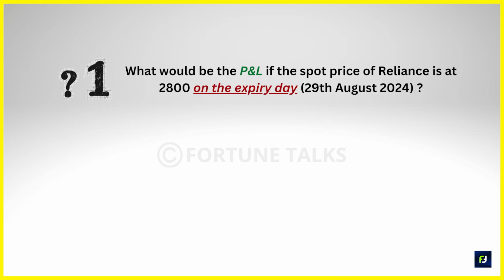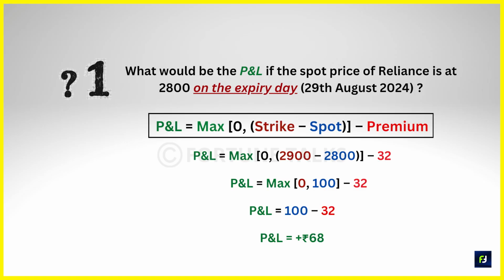The answer to the first question is fairly simple. We can straight away apply the P&L formula for put options and the answer will be a profit of 68 rupees. But this is for one share. Since the lot size is 250 shares, we need to multiply this profit per share with the lot size. Now this figure will equal a profit of 17,000 rupees.